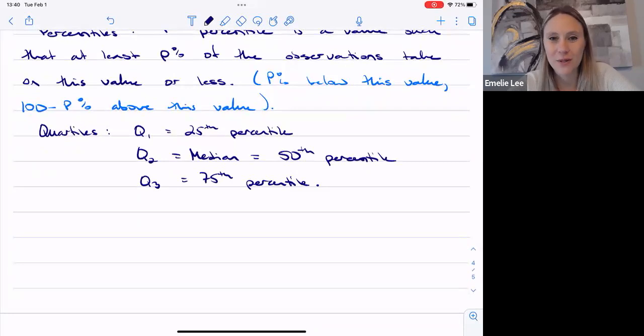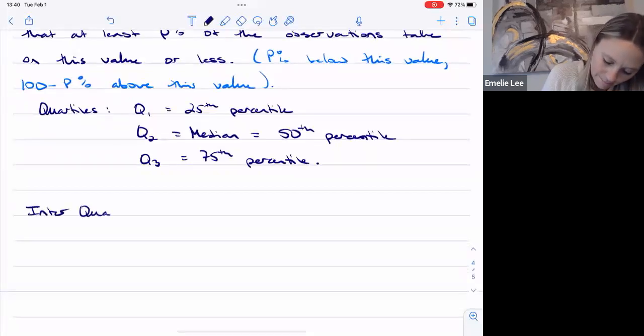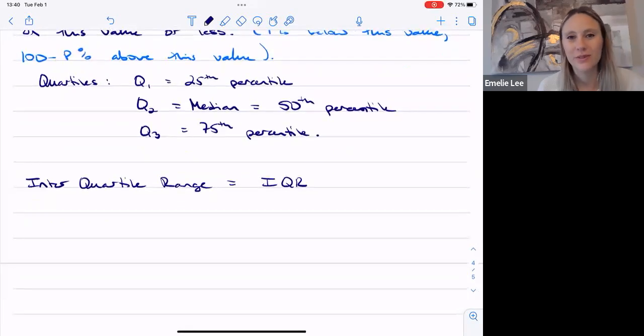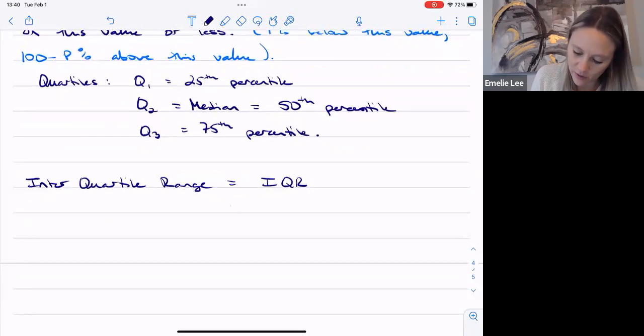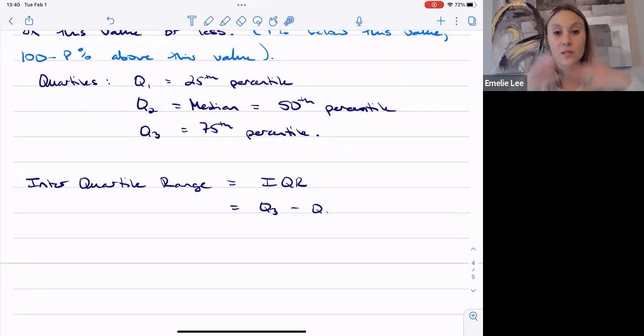Right? We've talked about the interquartile range, right? The interquartile range is the IQR. Usually we just call it the IQR, and it's Q3 minus Q1, right? Referring to Q3 and Q1 here. So it's the distance between the first and the third quartile.